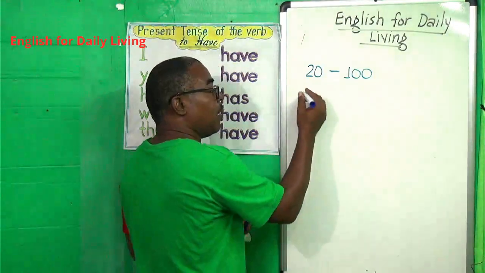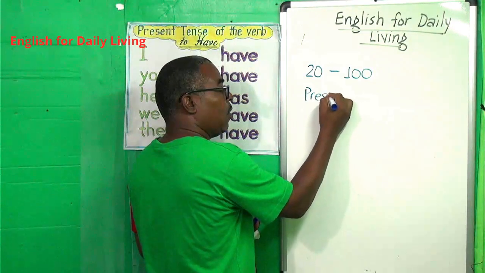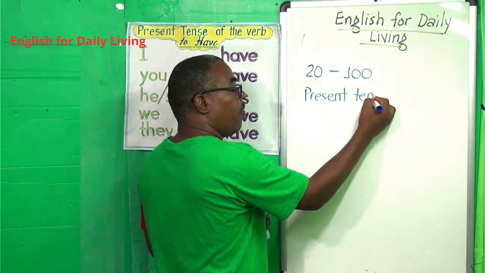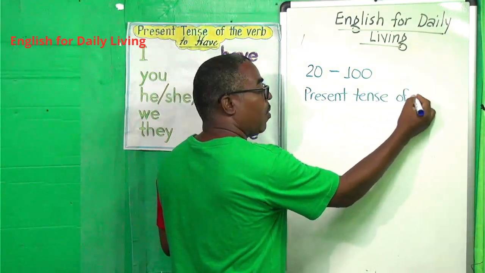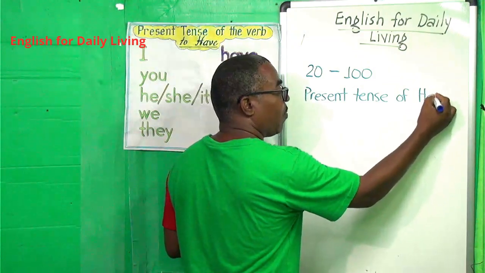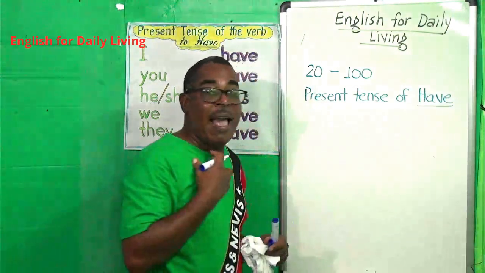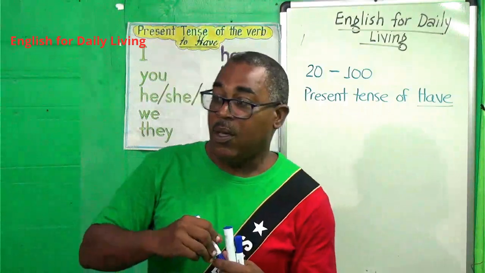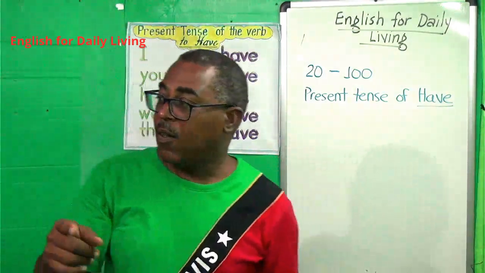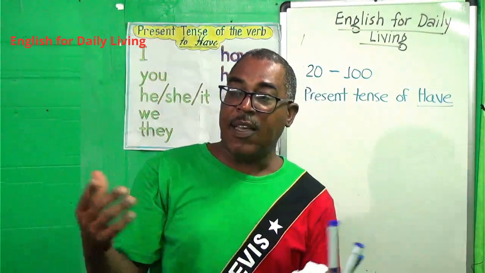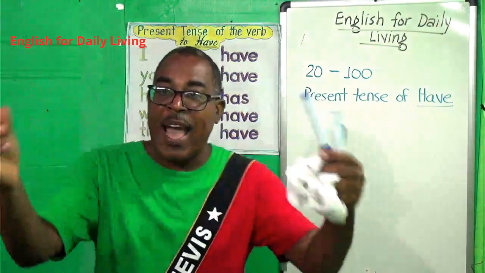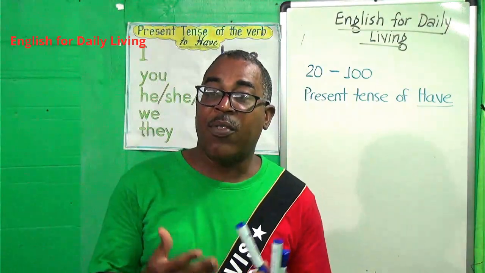We also looked at the present tense of the verb to have: I have, you have, he has, she has, it has, we have, you have, they have.